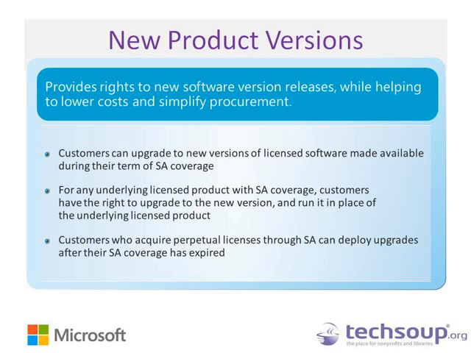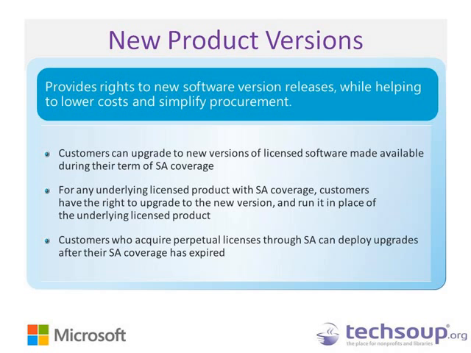Okay, let's just jump in with the highlights. As mentioned before, and also seen in the poll, new product version rights. That is the one central piece of software assurance. That is the right that pretty much determines that as long as you have software assurance on a software license you're holding, you're entitled to every upgrade Microsoft releases for that product.